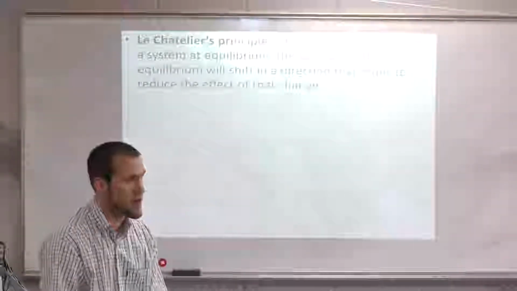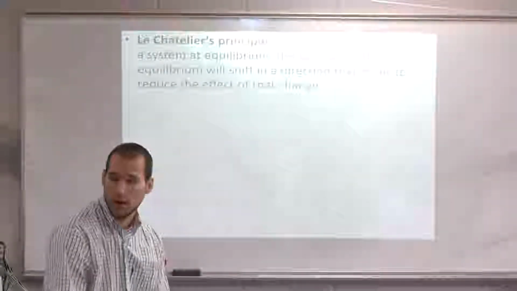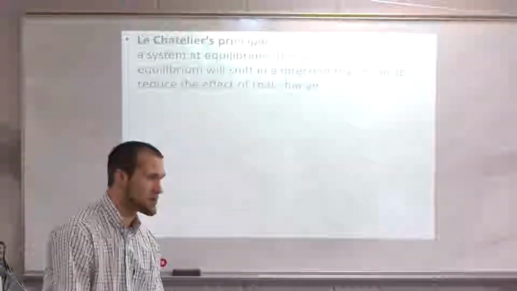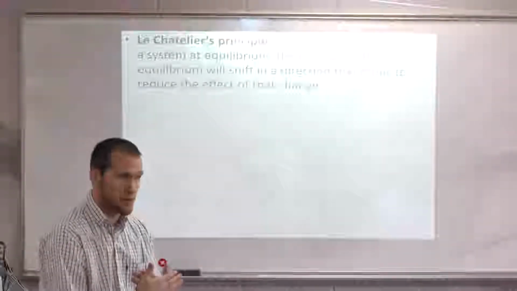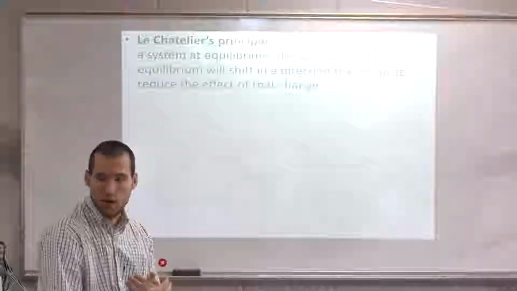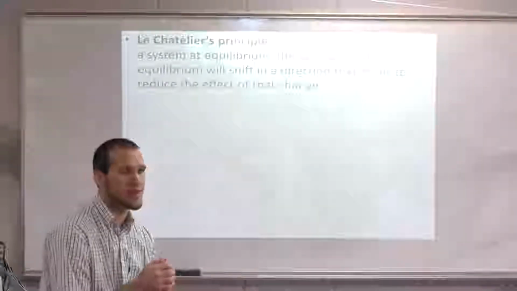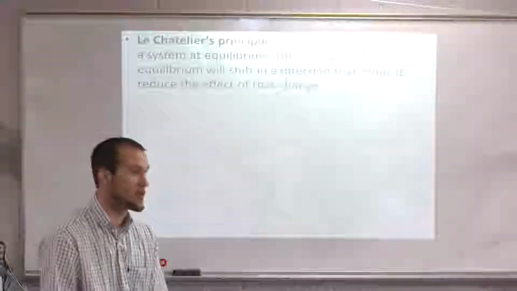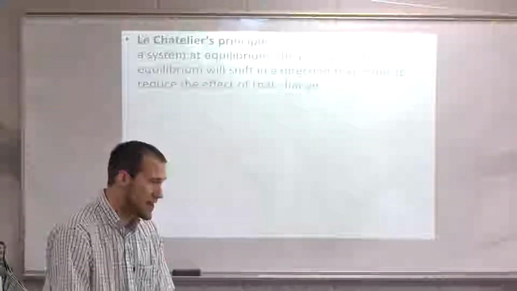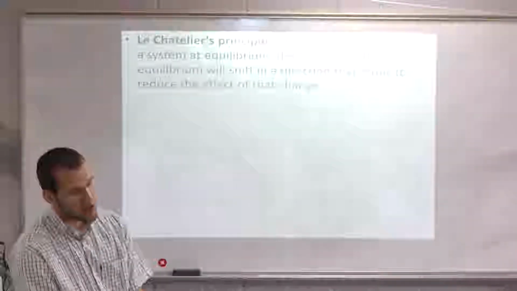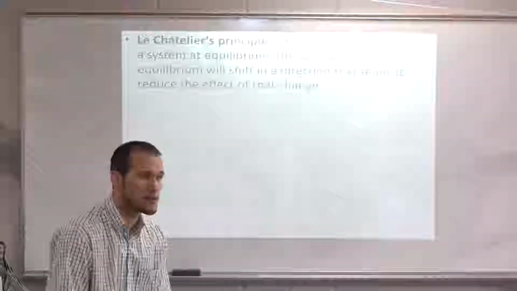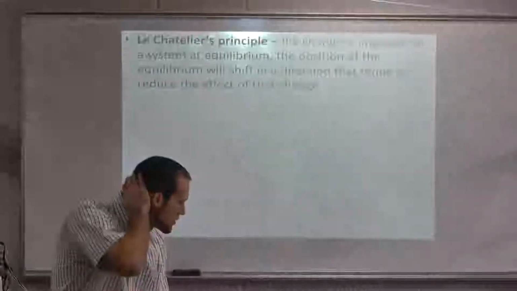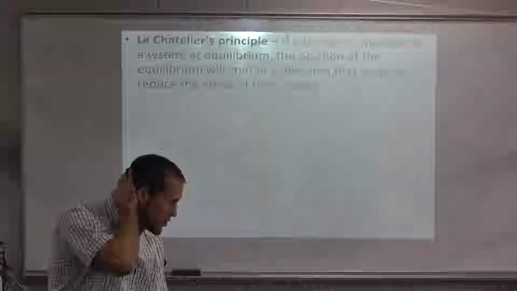You can produce more product, you can get more money. From an equilibrium standpoint, there's one equilibrium at a given temperature. However, there are a few things you can do to make the equilibrium shift one direction or the other. If you want to produce product, you'd want to shift it so you produce more products. So this idea, along with the equilibrium concept, is probably the most used today.